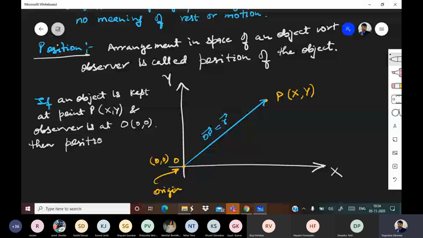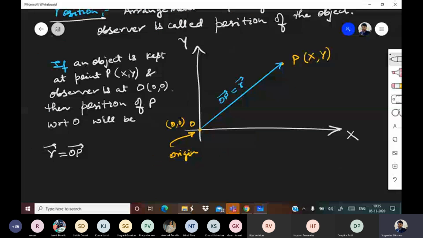You are joining point O to P, so it is from O to P. That is why it is the OP vector.